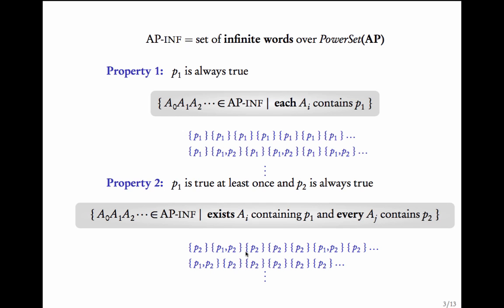Look at this. Every Aj contains P2. Here also every Aj contains P2 and there exists an i containing P1. This is to let you know that a property can be written in this form. The set of words such that something is true or false in the Ai's.